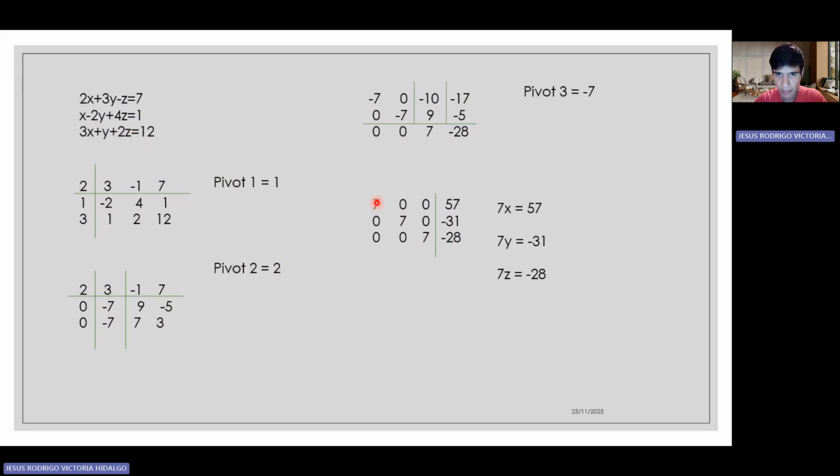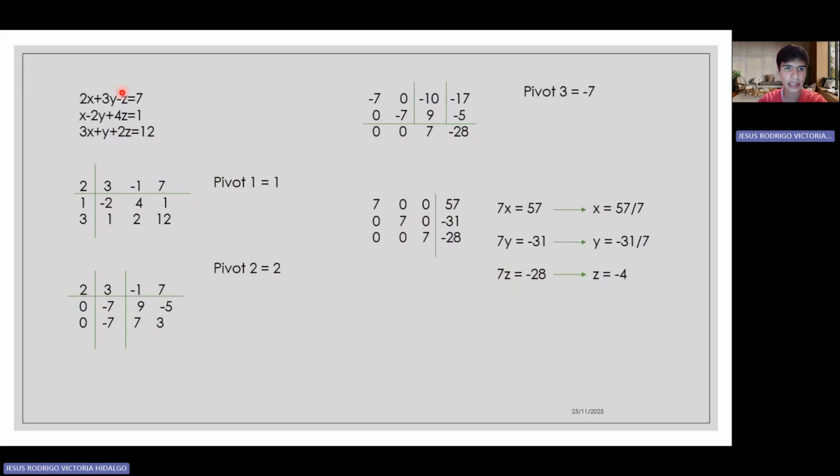So we get that 7x equals 57, 7y equals minus 31, and 7z equals minus 28. Then we only solve for x, y, and z, and we get that x equals 57 divided by 7, y equals minus 31 divided by 7, and z equals minus 28 divided by 7, that is minus 4.